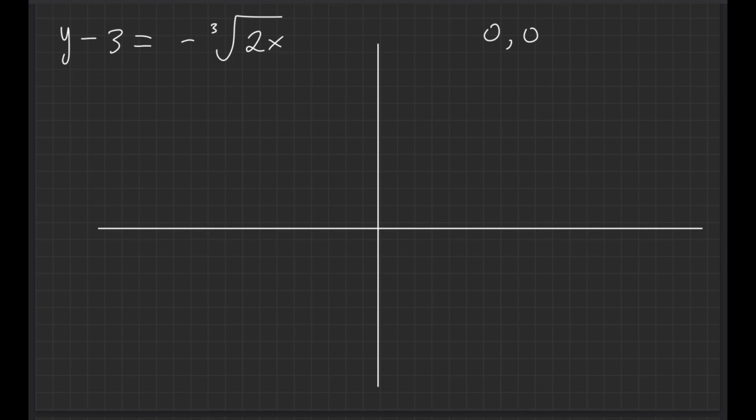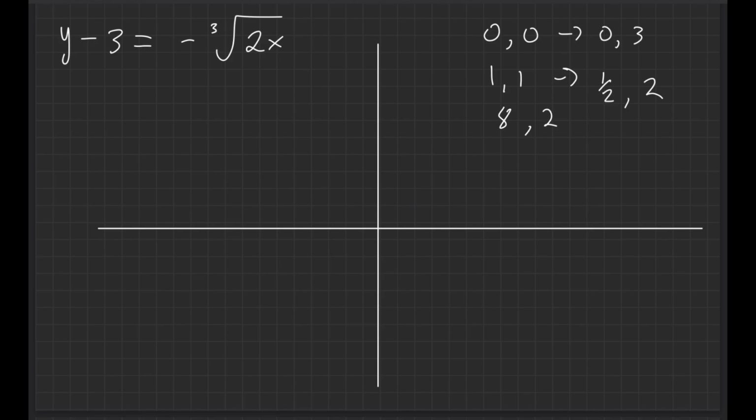So (0, 0) becomes (0, 3), and (1, 1) would ultimately become (1/2, 2), and (8, 2).